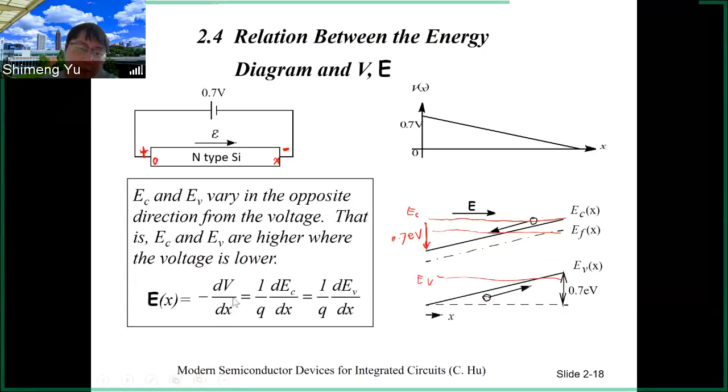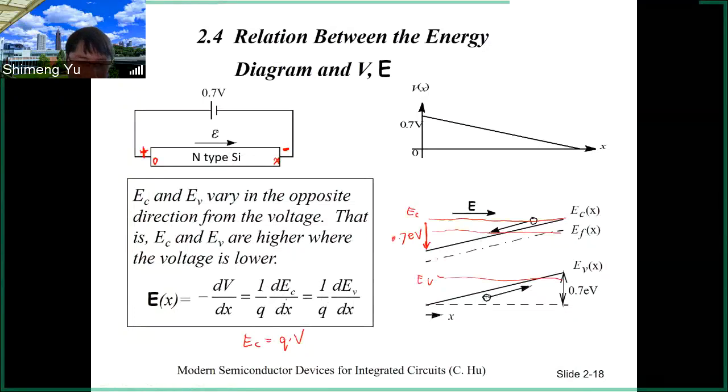And then the voltage and the energy EC: the relationship is, the electron's energy is the charge times the voltage of that electron. So then here you can replace the dV as dEc over Q.